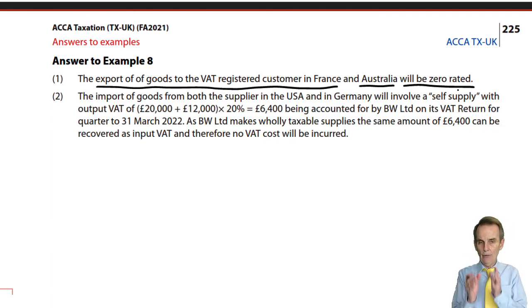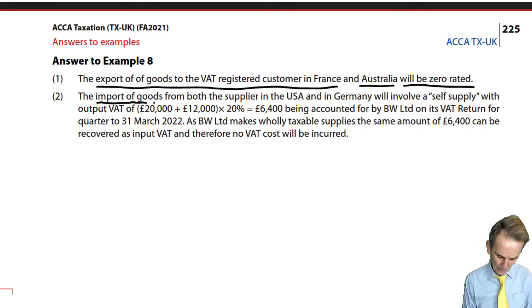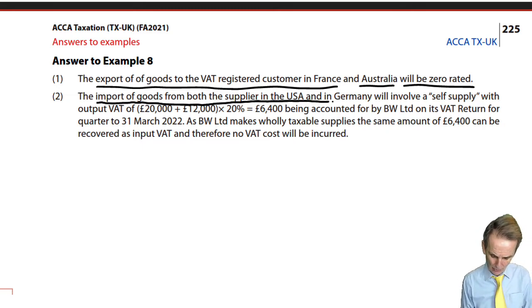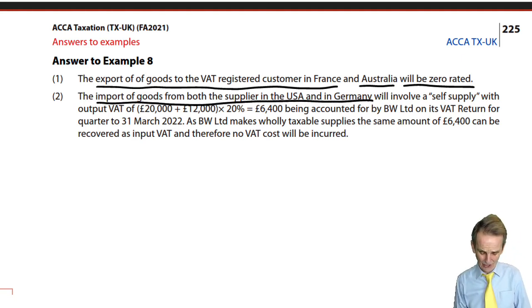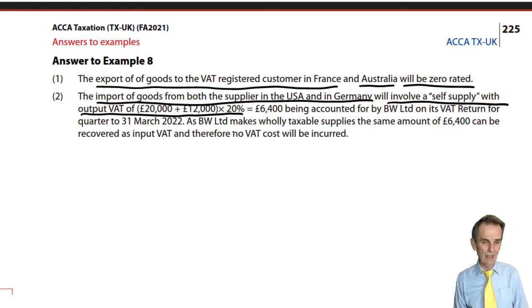Now again, if you just simply learn the basic rule, then it's a quick rule to learn and to regurgitate. Because the import of goods from both the supplier in the USA and in Germany, again, it doesn't matter where they are sited, wherever in the world, it's the same system here in the UK, will involve a self-supply with output VAT of 20,000 plus 12,000 at 20%.